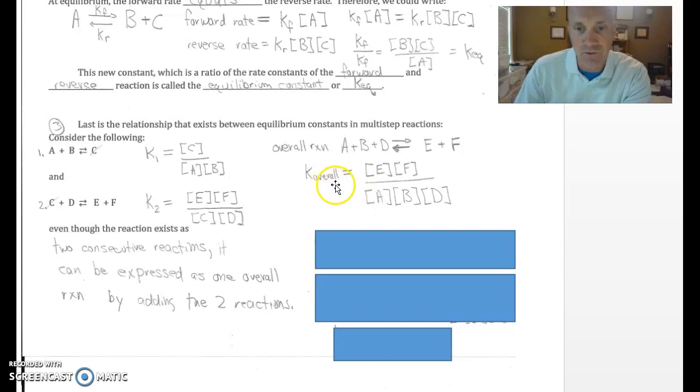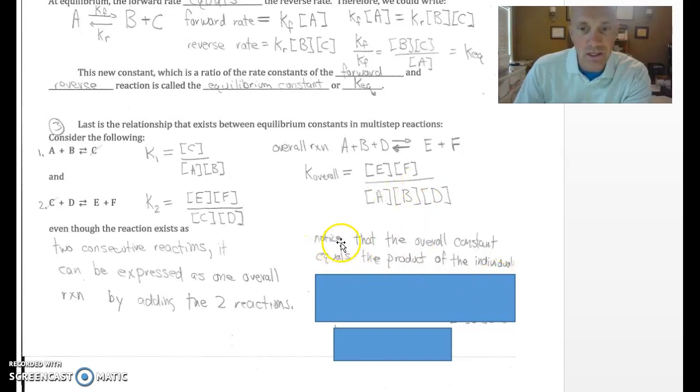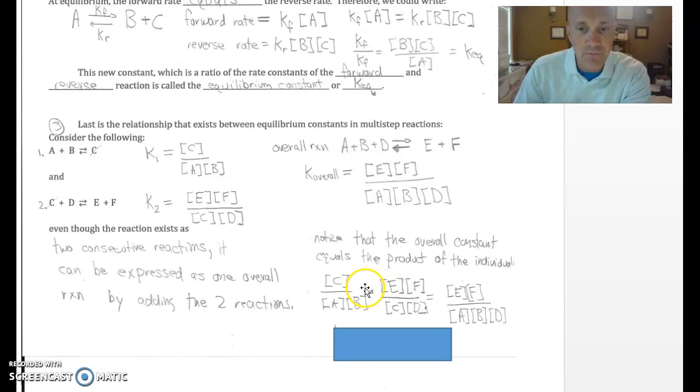If we wanted to write an equilibrium expression for the overall reaction, it would be done just the standard way. What I want to show is that the overall equilibrium constant is going to equal the product of the individual equilibrium constants. What do I mean by that? We could take this equilibrium constant right here and multiply it by this equilibrium constant right there.